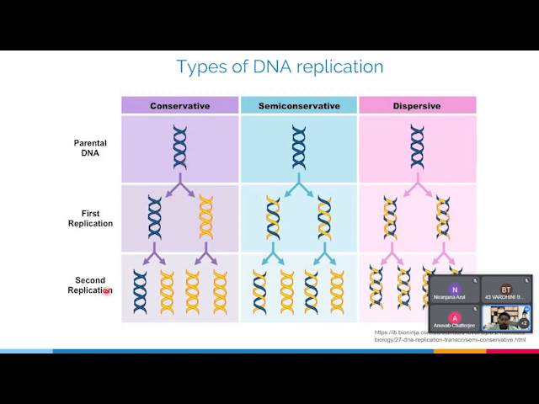So in the second replication, we still have the original double-stranded DNA present here, and all of the other strands are newly synthesized. The second was semi-conservative, in which one strand of the DNA is conserved in the next generation, whereas a new strand of DNA is synthesized. Complementary strands are always synthesized.